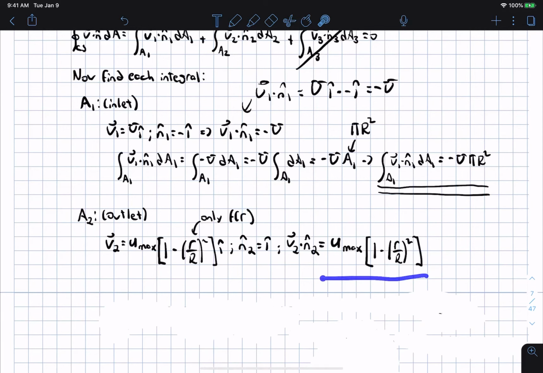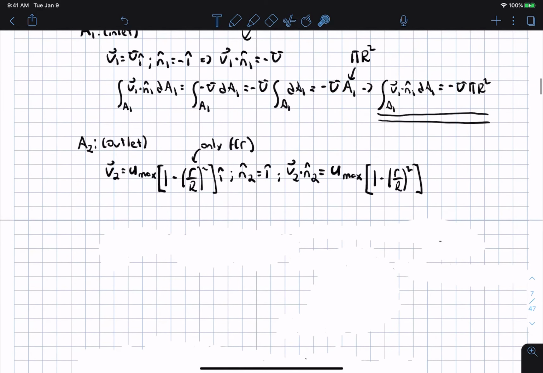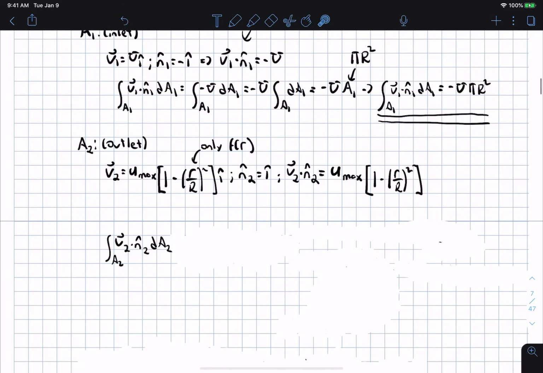Now we take this result and substitute it into this integral here. So we do that. The integral over area 2 of v dot n hat 2 dA2 is equal to the integral over A2 of u max, which is just a constant, times this function of r here.